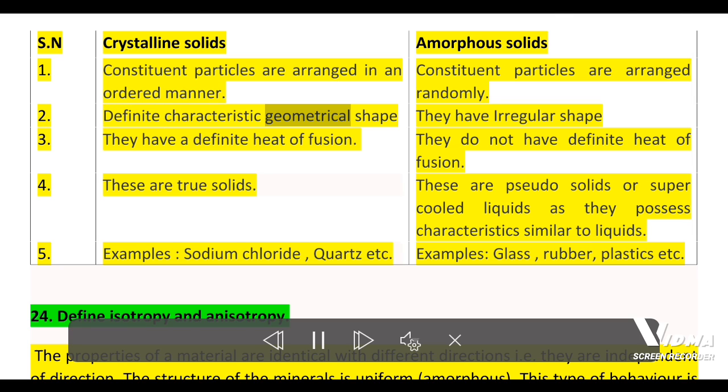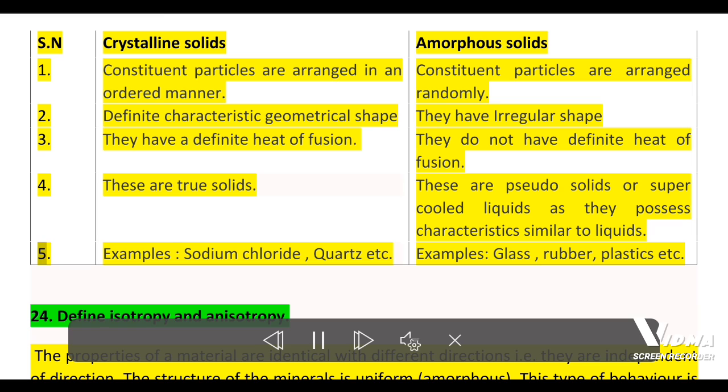Definite characteristic geometrical shape. They do not have a regular shape. 3. They have a definite heat of fusion. They do not have definite heat of fusion. 4. These are true solids. These are pseudo-solids or supercooled liquids as they possess characteristics similar to liquids.